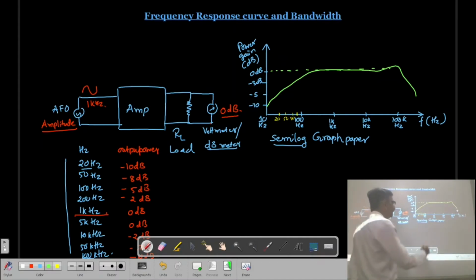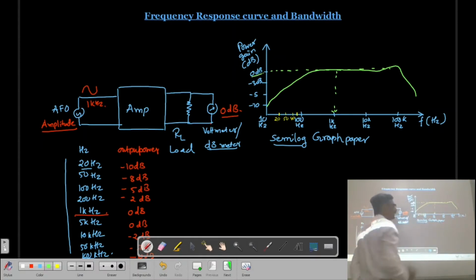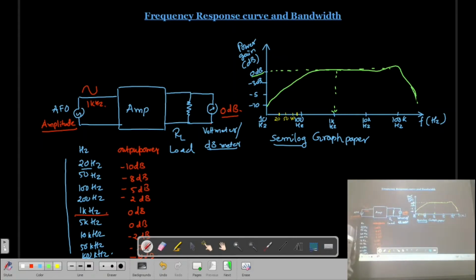And you can see at a 1 kilohertz frequency, what is the output power? It is 0 dB. For a lower frequency, like 10 to 100, the power gain of the amplifier goes on increasing, and at higher frequency, again the output power goes on decreasing.